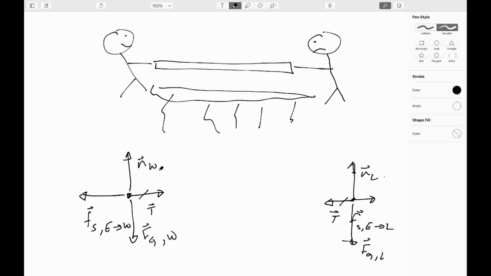And again, those normal forces and gravities are each equal and opposite, but they're second law pairs, not third law pairs. And this is because the two players are not accelerating vertically. So what we get here is that the winner is going to feel a net force to the left, as is the loser.